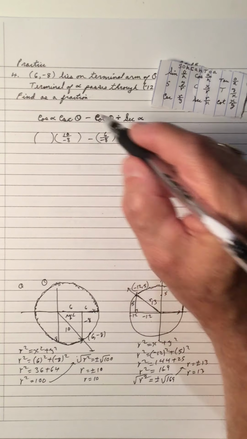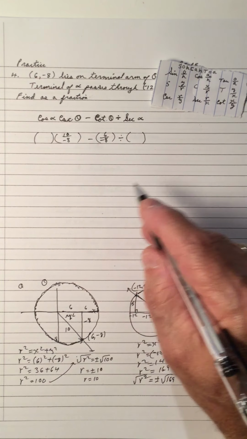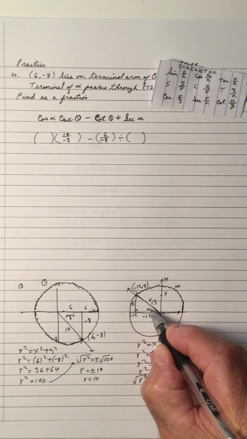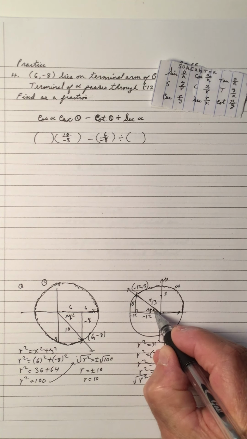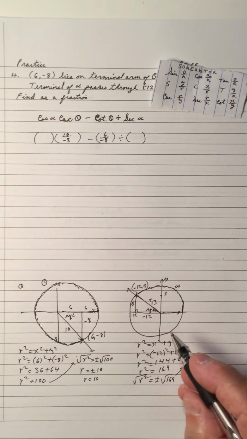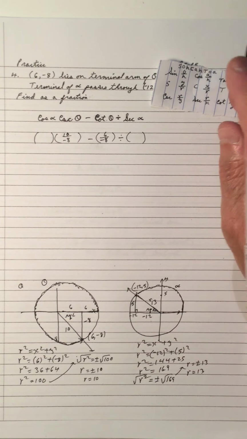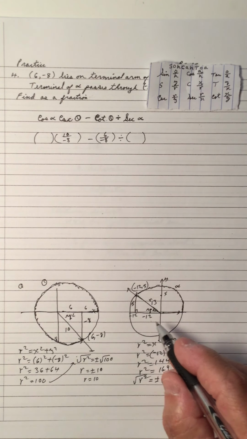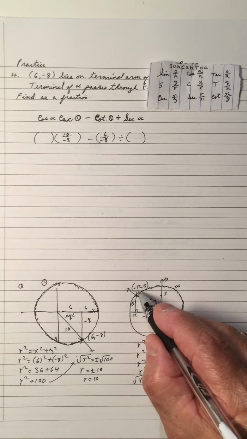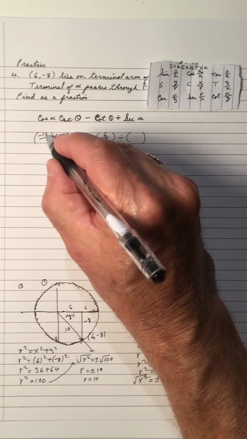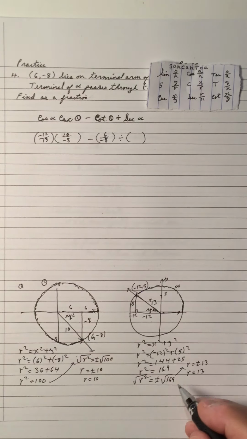Now I have to do alpha. I do theta and then alpha instead of jumping back and forth. And remember, this is the reference angle that you determine your ratios from. I do the cos. Cos is the x over the r. So I have to take x, which is the negative 12, over the r, which is the radius, which is 13.